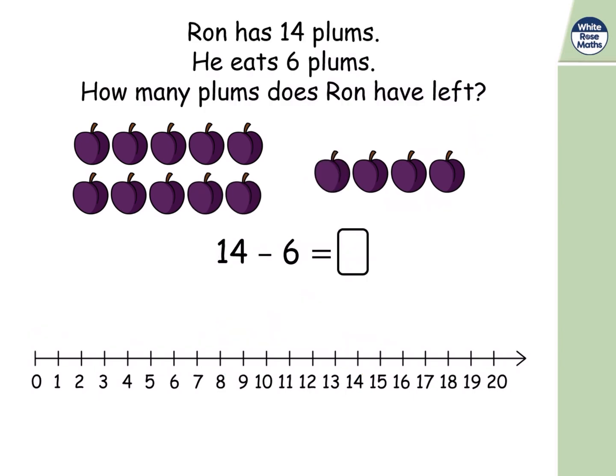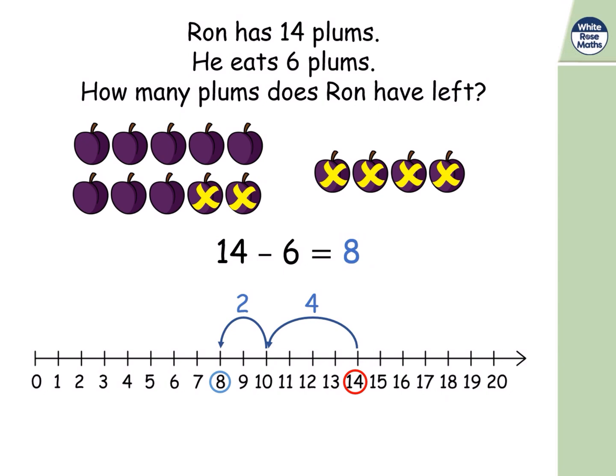Here's Ron with his 14 plums, and we know he eats 6 of them. So let's get to that nearest 10. So I'm starting with 14, and I'm going to get rid of 4 straight away, which gets me to the nearest 10. Then I just have 2 more to eat, because 4 plus 2 makes 6. Another jump of 2 gets me to 8.